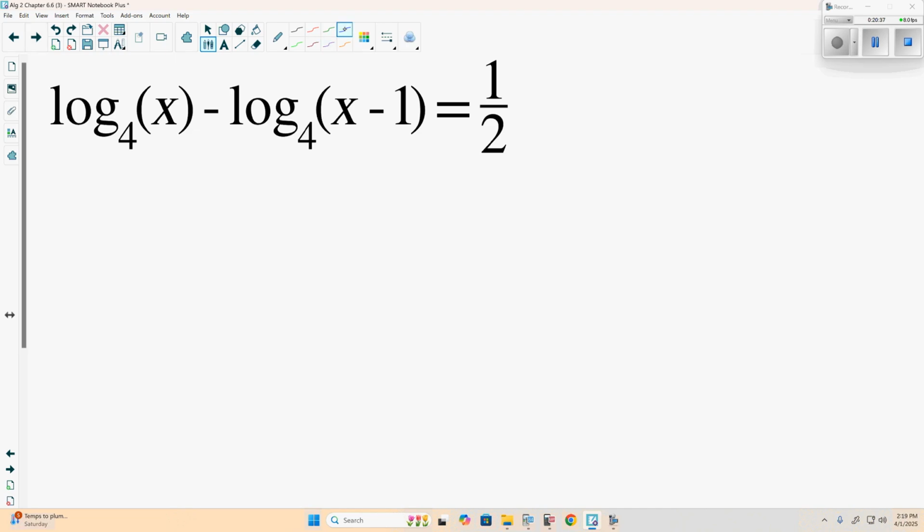And we do have a property that says if I have two logs with the same base being subtracted, we can rewrite it as a single log with what's inside being divided.